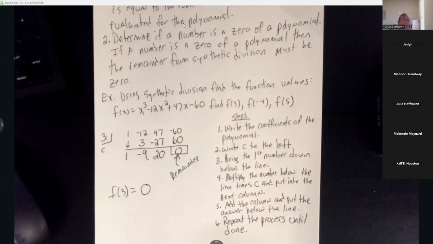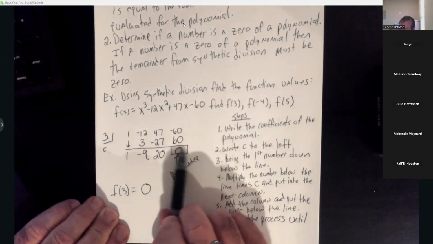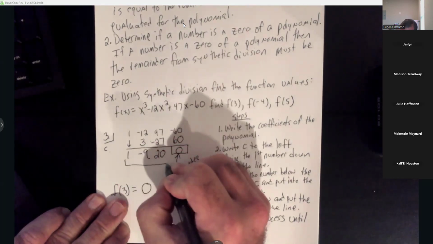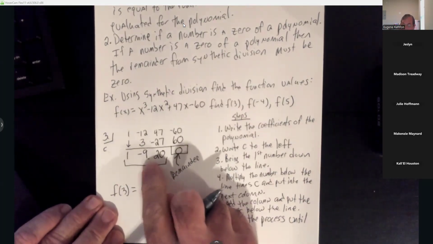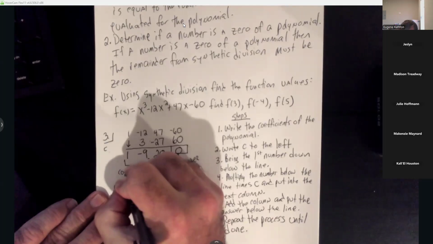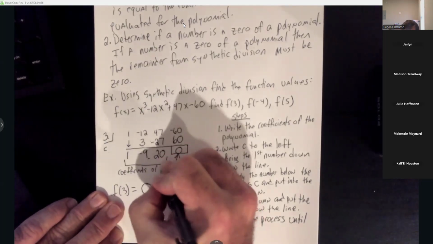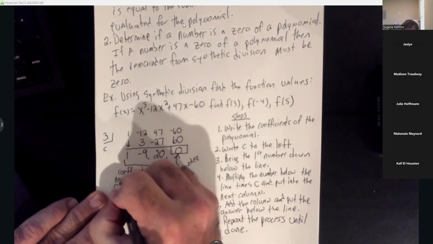Okay? So y'all, the last number is always the remainder. These three numbers are the coefficients of the new polynomial.